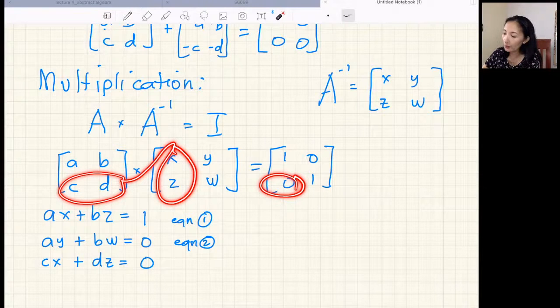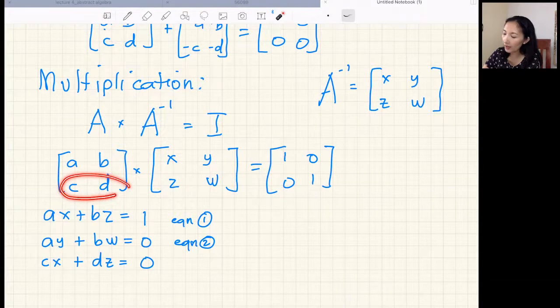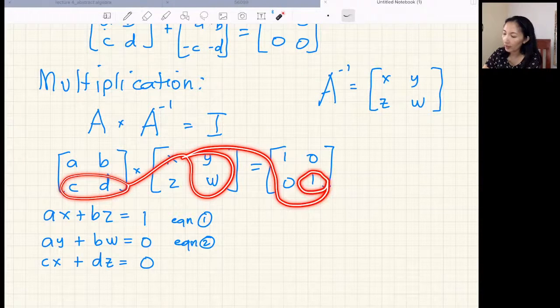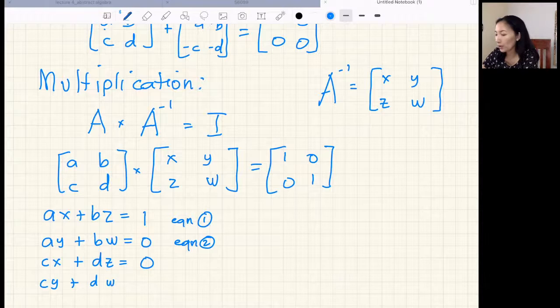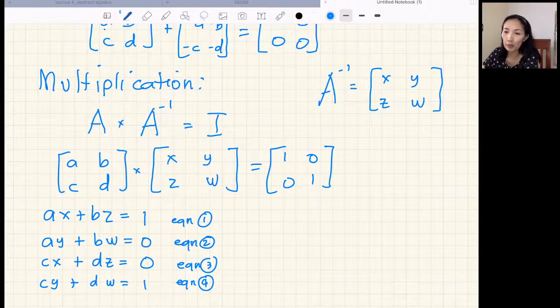Finally, second row, second column gives CY plus DW, which should be equal to 1. So we were able to set up 4 equations: equation 1, equation 2, equation 3, and equation 4.